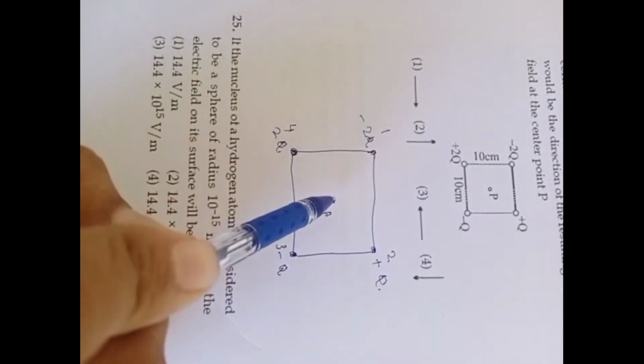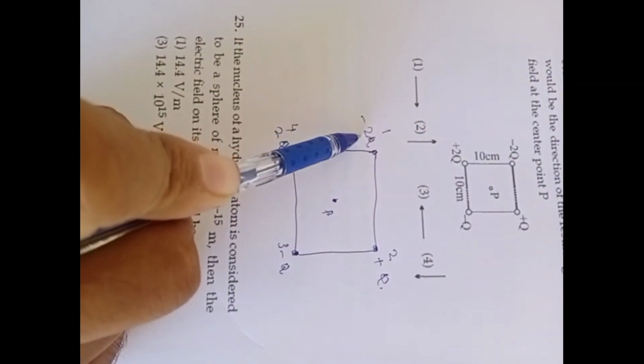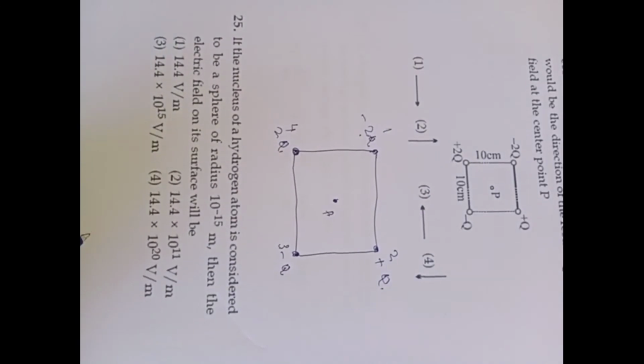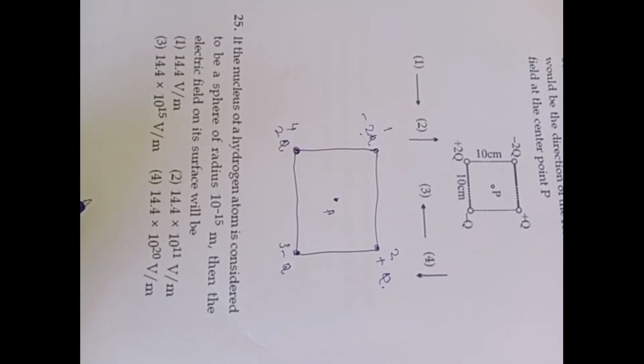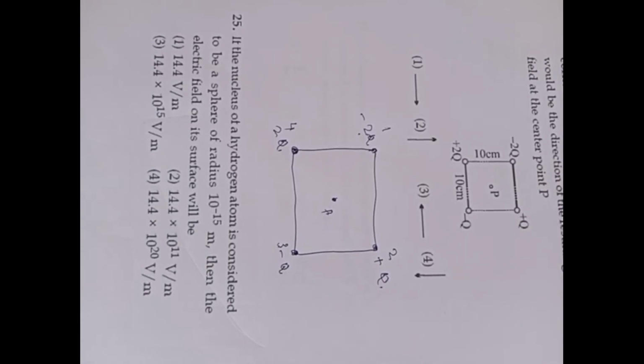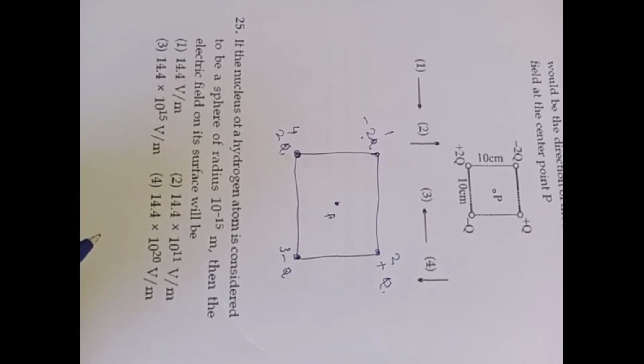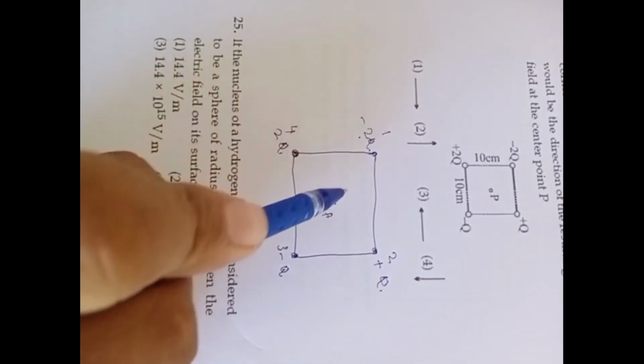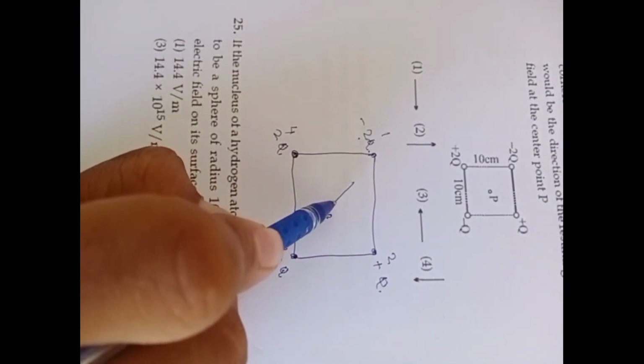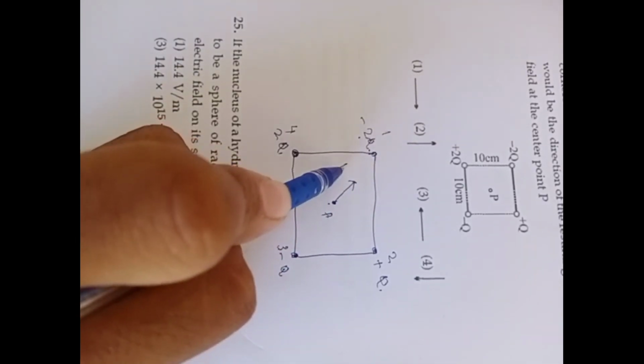You observe this charge. The negative charge field will be towards the charge. The positive charge field will be away from the charge. So this charge here applies the field like this.